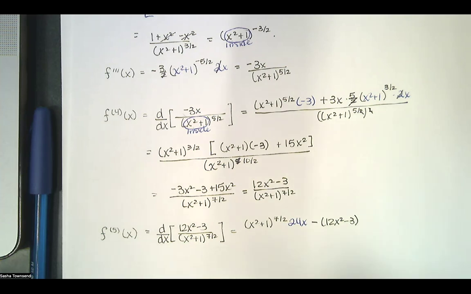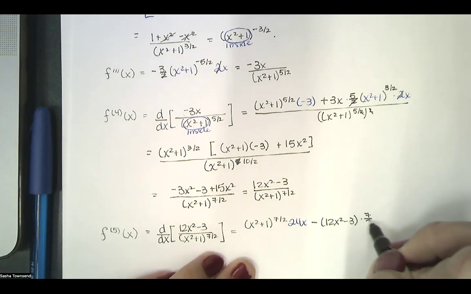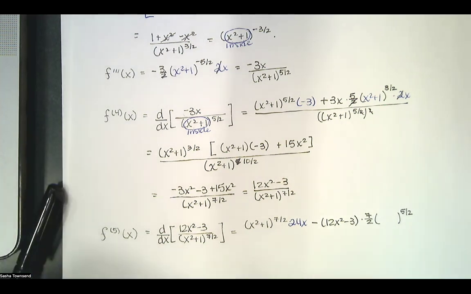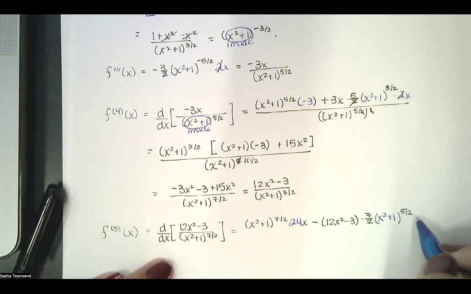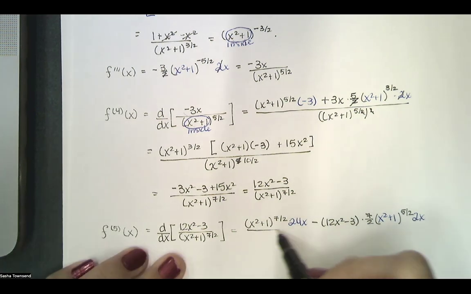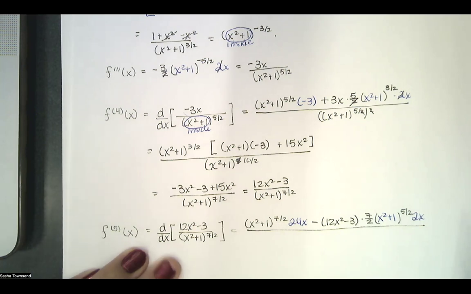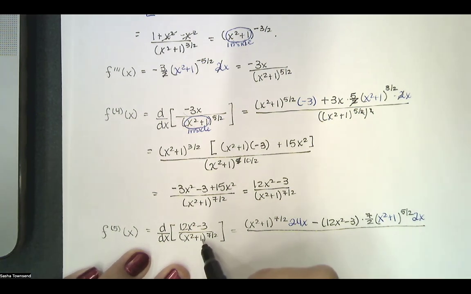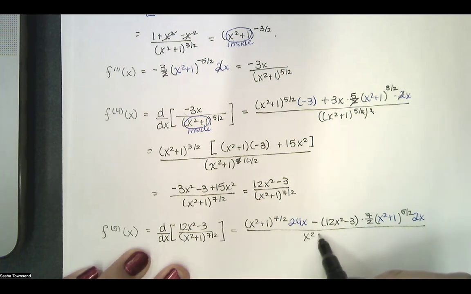So we've got a function raised to the 7/2 power. So we get 7/2 of the function to the 5/2. Put the inside function back inside, multiply by the derivative of the inside by the chain rule. All divided by low. So we have x squared plus 1 to the 7/2 squared. That's just going to be x squared plus 1 to the 7th.